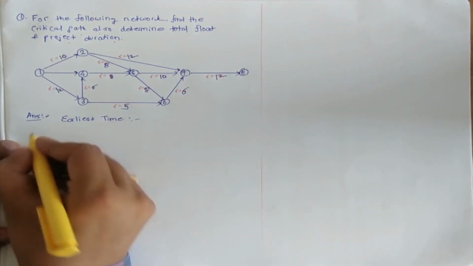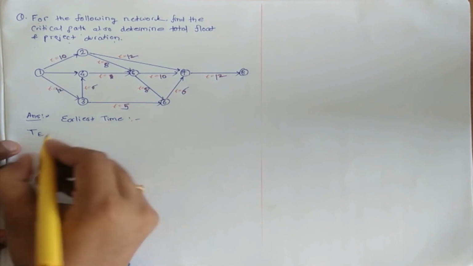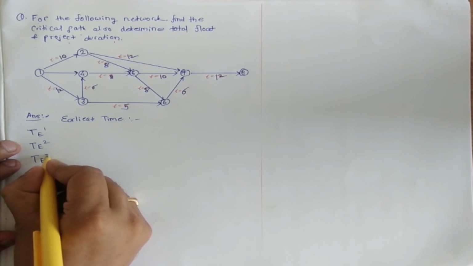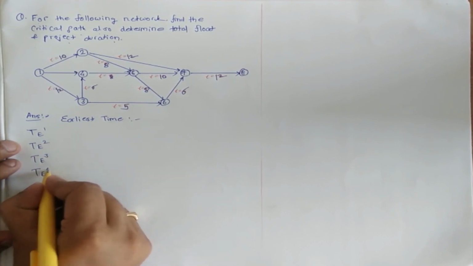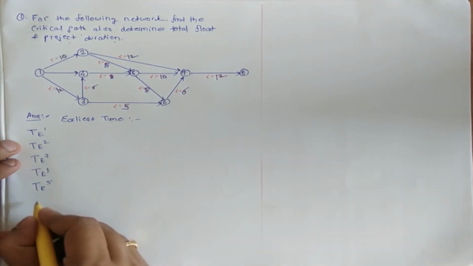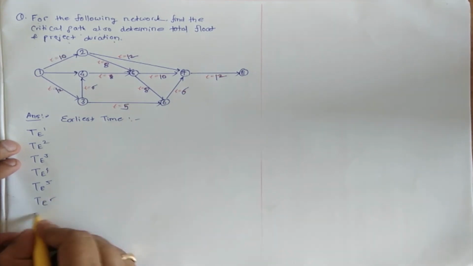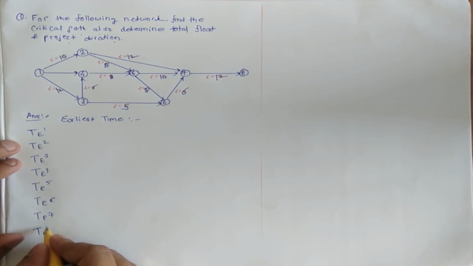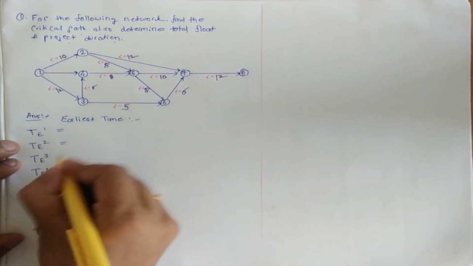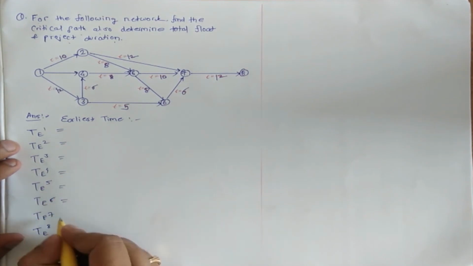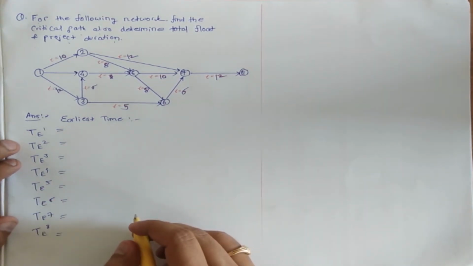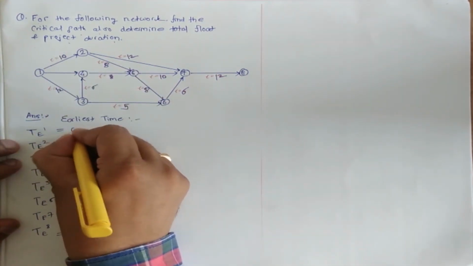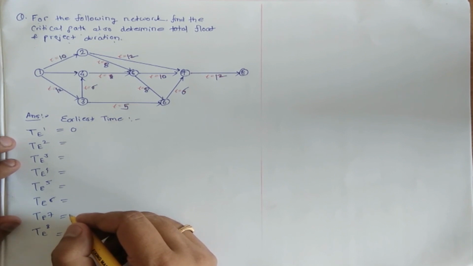So I list them: earliest time 1, earliest time 2, earliest time 3, earliest time 4, earliest time 5, earliest time 6, earliest time 7, and earliest time 8. I am writing this numerical process, try to understand. So the earliest time for event 1 will be 0, as it's the beginning.